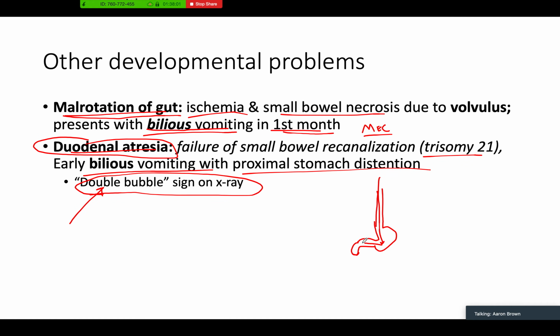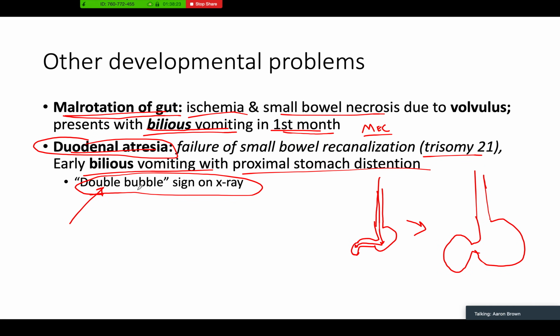Then the air goes into the duodenum. As both of these areas get distended, here's my esophagus again, my stomach gets very dilated, and then we have our pylorus, which is still there and is a narrowing. Then the part of our duodenum that is good gets distended, and then we have our atretic portion, and then it goes back here.